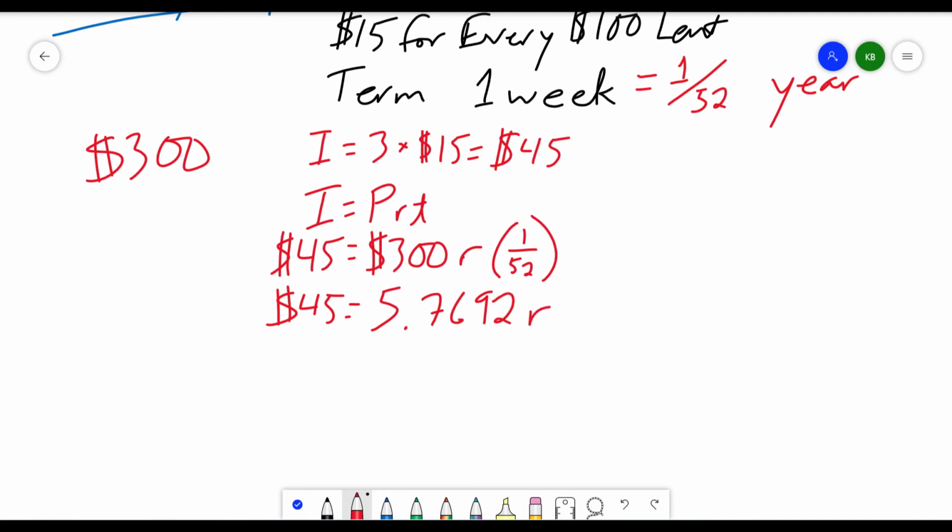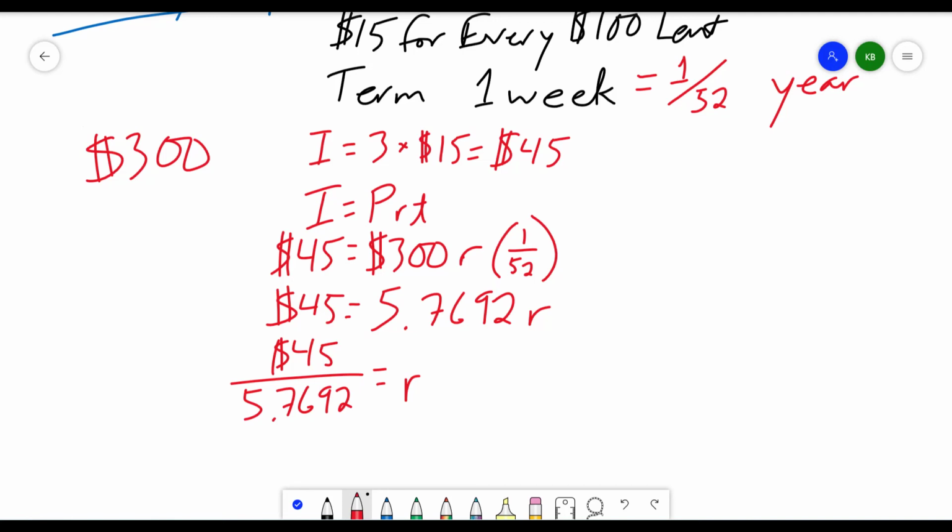Times R. In general, you can round to 3 or 4 decimal places as a pretty safe thing to do. And then we need to divide to solve for R. So we take $45 and we'll divide that by 5.7692. And that's going to be our interest rate.